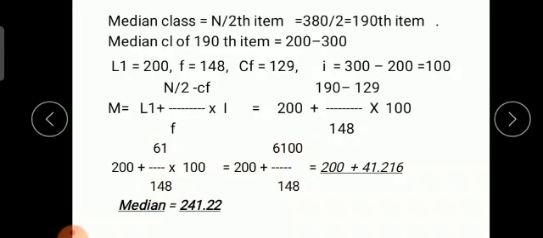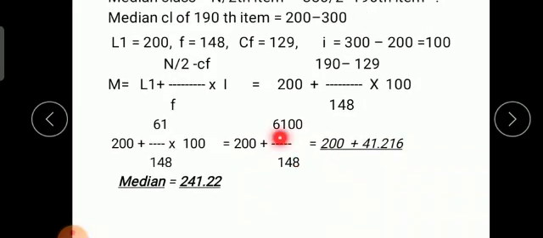Next step, you write 200 as it is and do the division part first. 6100 divided by 148 gives 41.216.